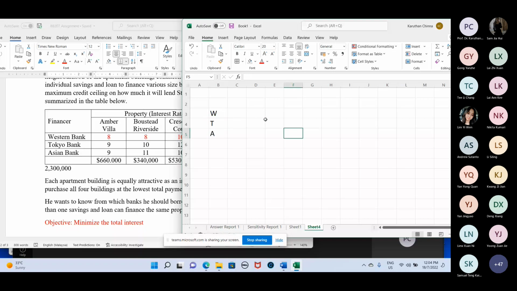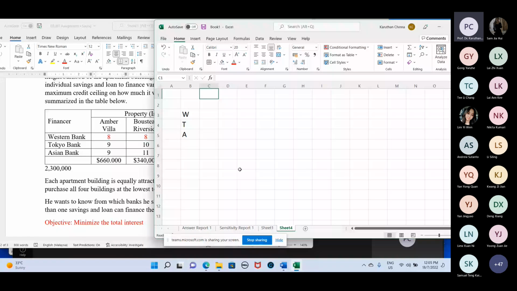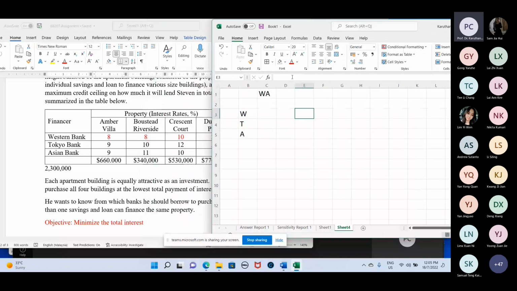Properties. Amber Villa. This is Western to Amber Villa. One. Western to Austedt. Next one, Western to Western Court.